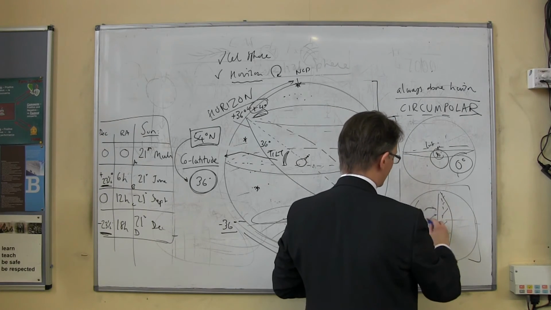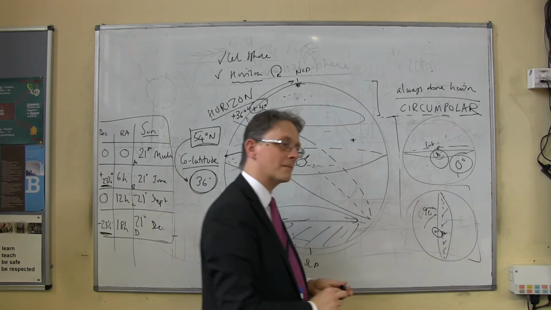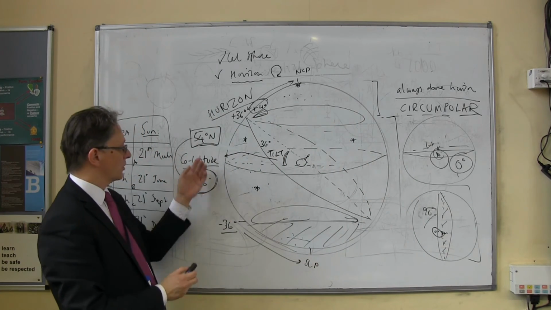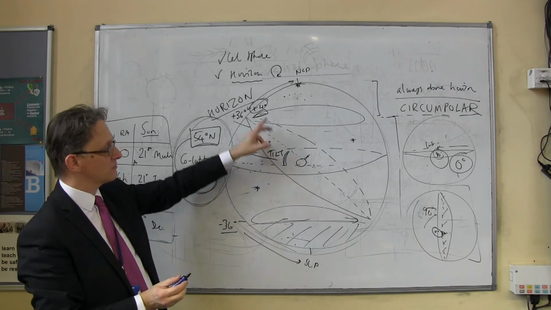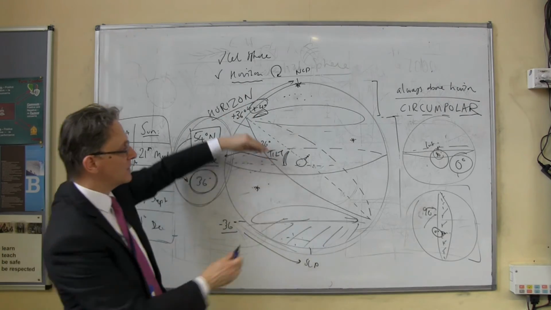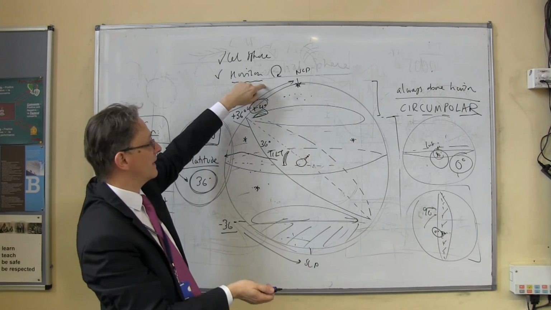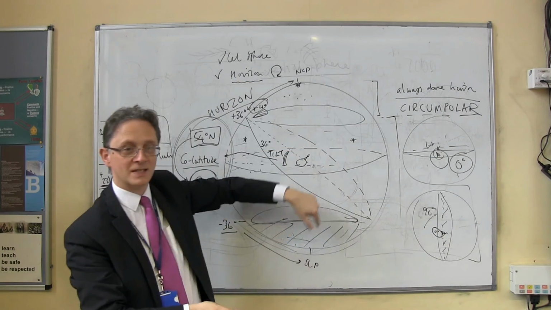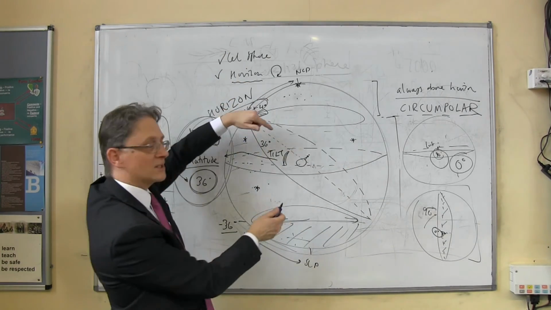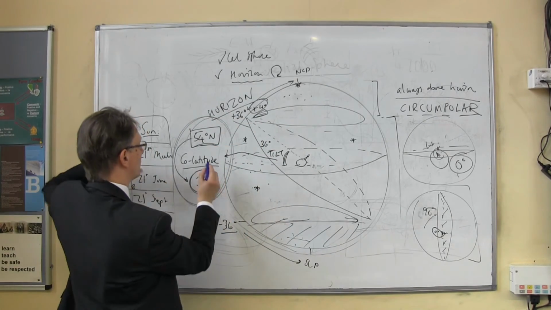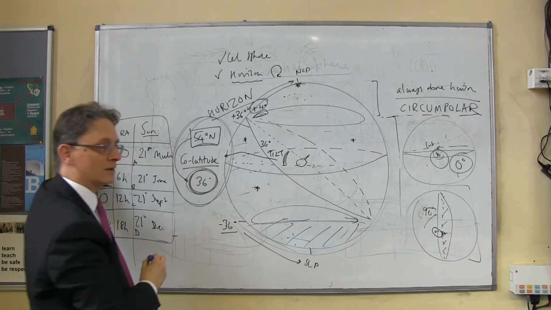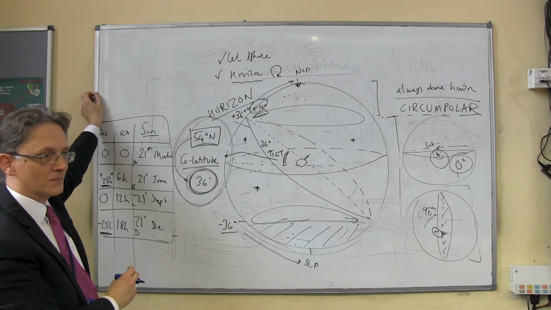What's the tilt of your horizon? 90. Got to learn this. Your latitude and the tilt of your horizon, which is essential to this, isn't it? If you get this right, you can predict anything. That one's circumpolar, that one's rising and setting, that one's invisible, but you've got to get the tilt of the horizon right. The tilt of the horizon often looks like it, but it's not equal to the latitude, it's equal to your colatitude. All right?